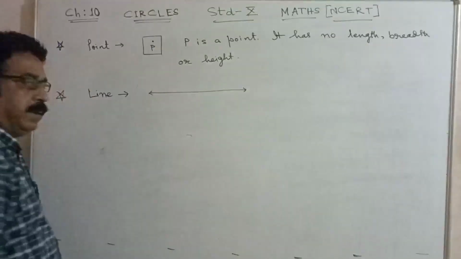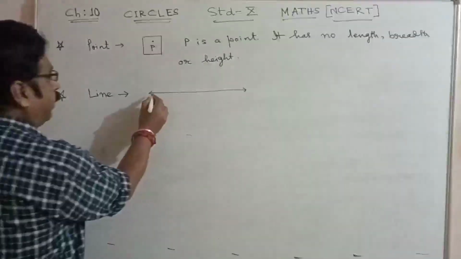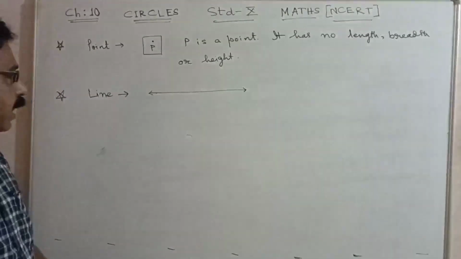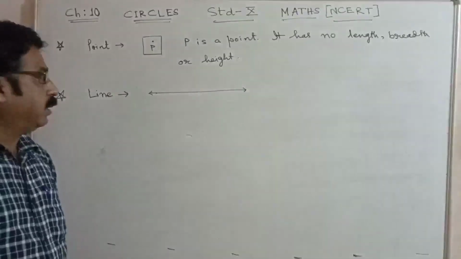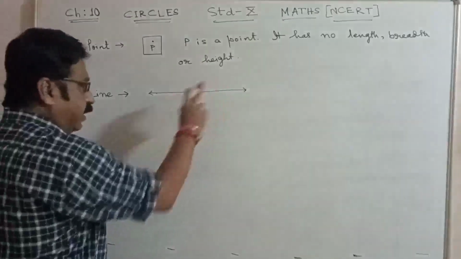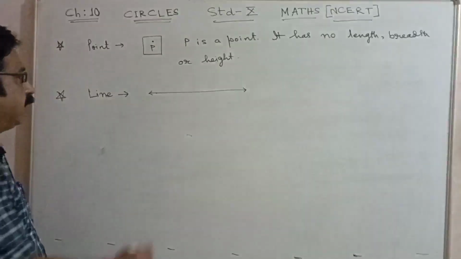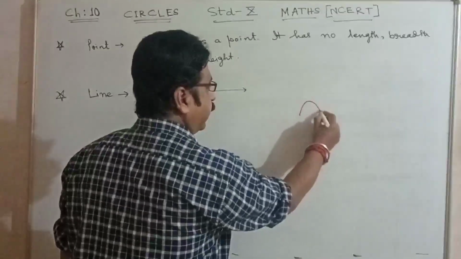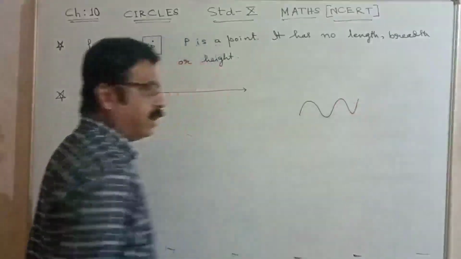Then we will get a line, infinitely many points, one after another, if they lie on a plane. And obviously it is a straight line because no changes in direction. If it changes direction like this way, then it will be a curve.